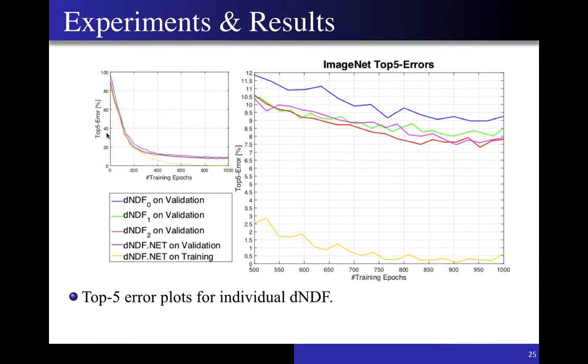This plot shows how the error changes over 1000 epochs, and this is the plot from epoch 500 to 1000. Here we see a steep decrease in the error, which is obvious for any neural network or any learning approach.